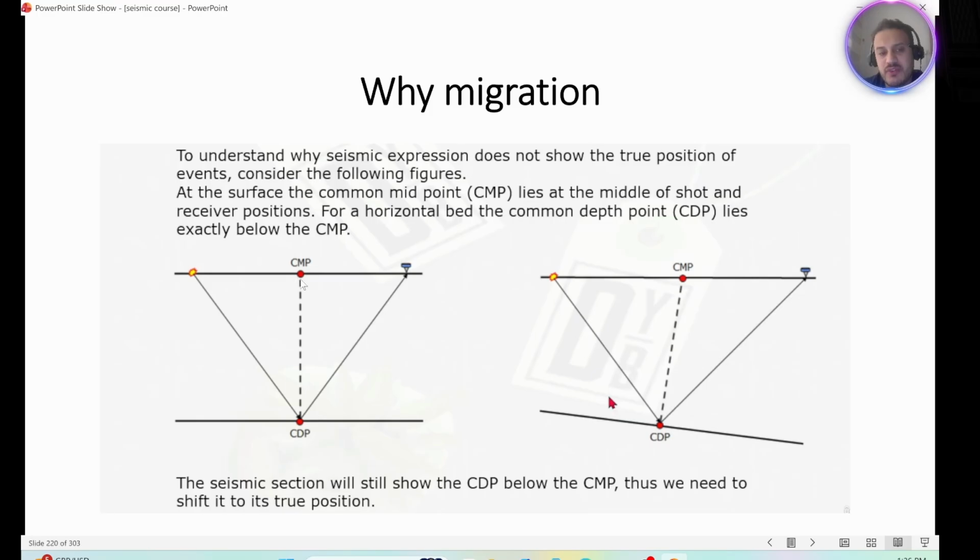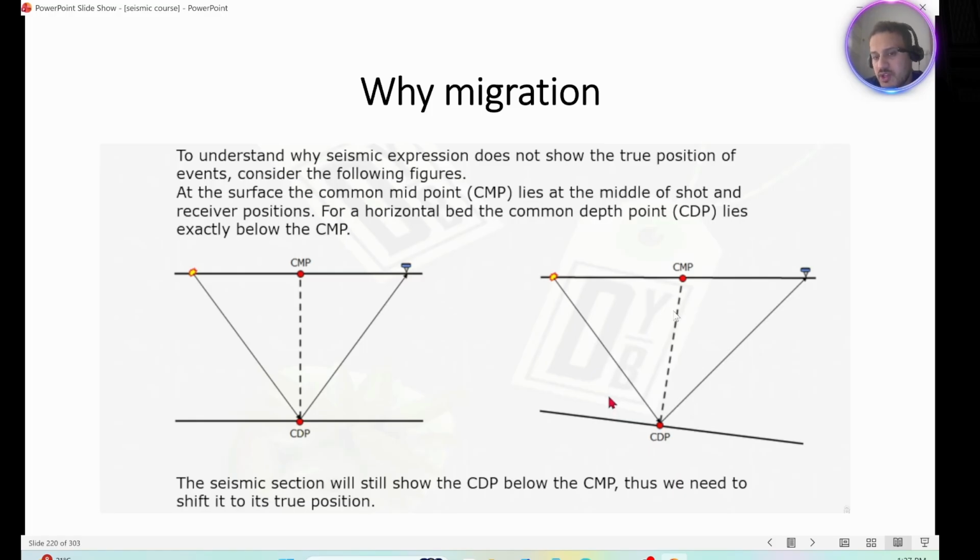So why the migration? On the seismic trace we have the common midpoint, which is between the source and receiver, and on the seismic trace they assume the common depth point is directly below the common midpoint. The common depth point is directly below the common midpoint only if you have horizontal layers, but in most cases we have dipping layers. So when you plot the reflections, it will assume that the common depth point is directly below the common midpoint, and it will not give you the real reflections.